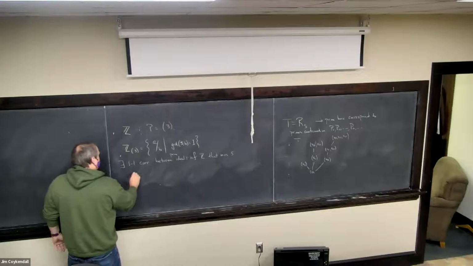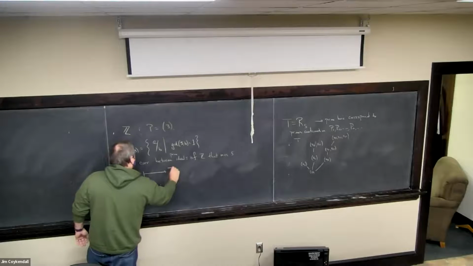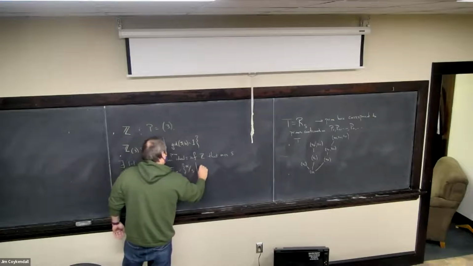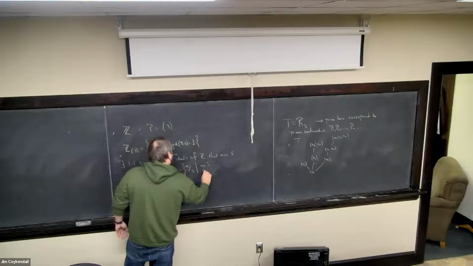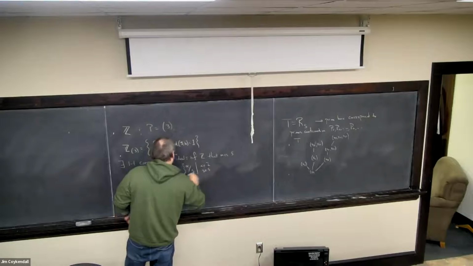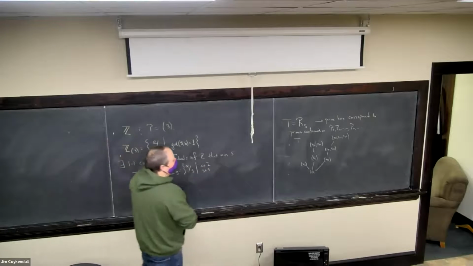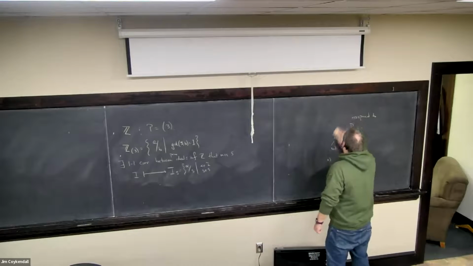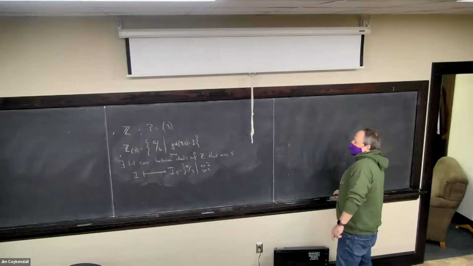In the way this works, and this translates, what does it mean for an ideal to miss S, or a prime ideal to miss S?